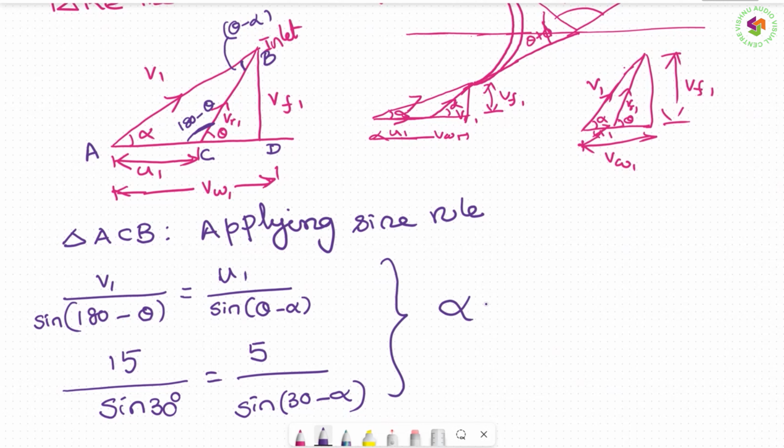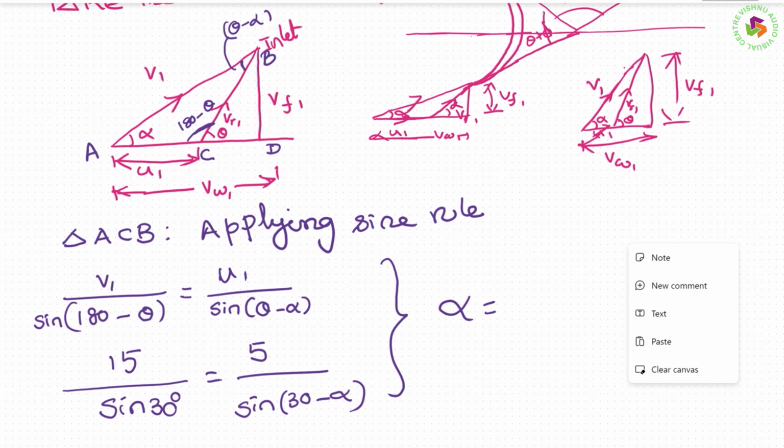If you calculate what alpha is, you are going to get alpha equal to 20 degrees 24 minutes. Please try this. What you have to try: 15 into sine of 30 minus alpha is equal to 5 sine 30.